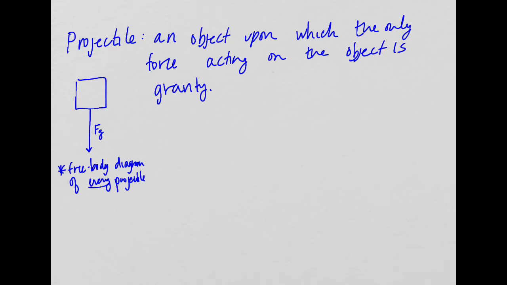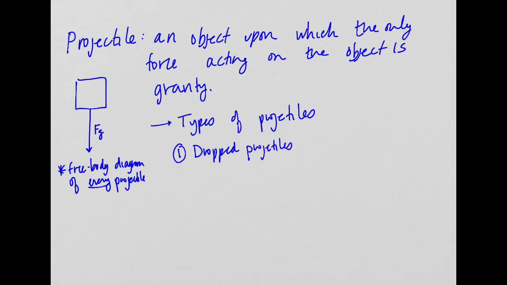So we have 3 different types of projectiles. The first one that we have are dropped projectiles. This is only considered a projectile if air resistance is negligible, meaning it's so tiny we don't count it.